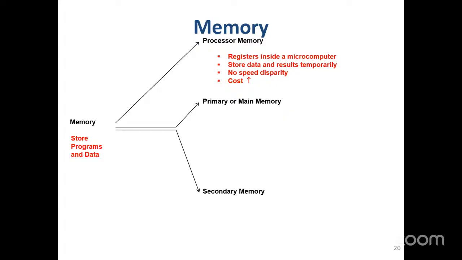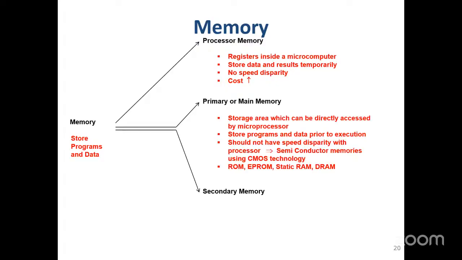Depending on the memory type, primary memory costs more. Coming to main memory, that is the storage area. I already gave the memory hierarchy. What is the memory hierarchy in a computer? You study it in the computer architecture subject.